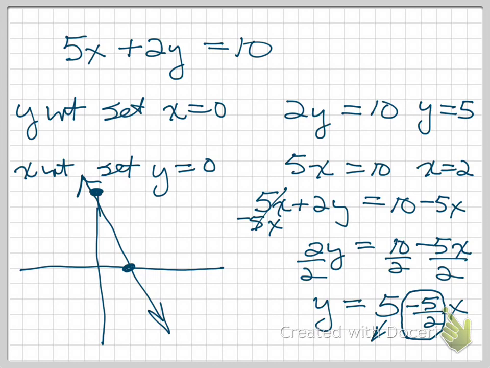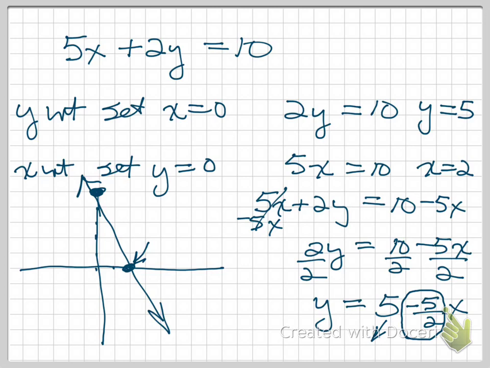Usually it's rise over run, so let's start at the top and rise down. Go down 5, 1, 2, 3, 4, 5, and over 2. Does that give you your next point? Yes. So when I have a negative, I rise down. Whether I have a negative or a positive, I always run to the right.